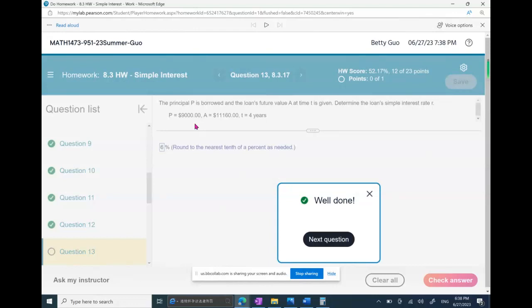So if you divide that total interest by 4, you have the interest for 1 year. Then you divide the interest for 1 year by the principal, and you have the annual interest rate. Let me know, am I clear about the easier way to find R? When you really understand it, you don't have to do much algebra.